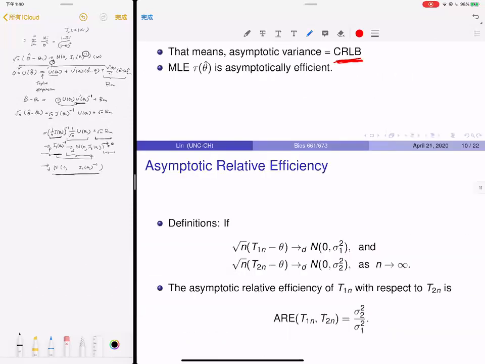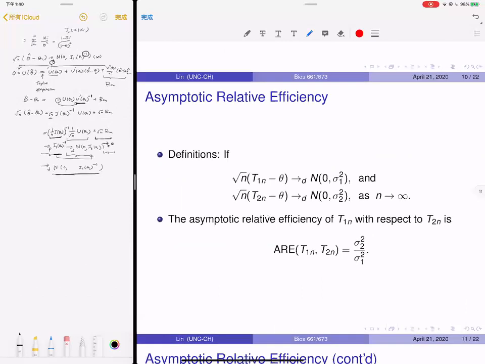Good. Okay. So then, talking about efficiency. Really, efficiency is nothing but comparing the variance, or comparing the bias, or comparing mean square error, called relative efficiency. Then sometimes when we talk about asymptotic relative efficiency, we always compare with what?